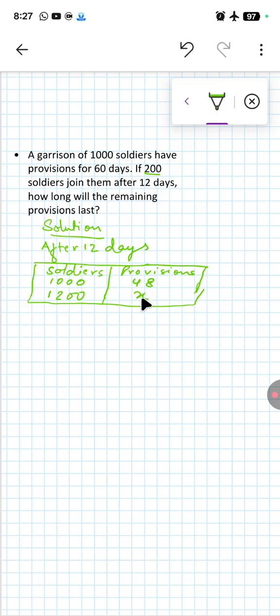If soldiers increase, the provision will not last for 48 days. It will last for less days. So it means if soldiers are increasing, this provision is decreasing. Number of days is decreasing. Now the provision will last for X days.